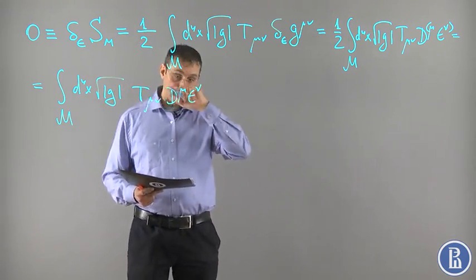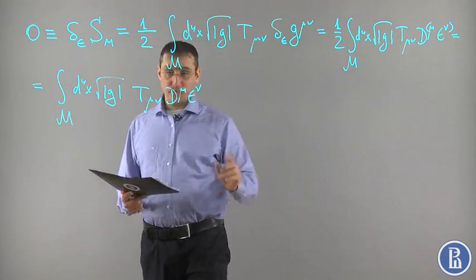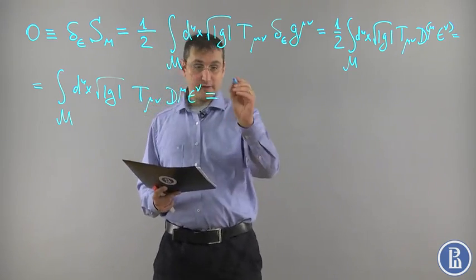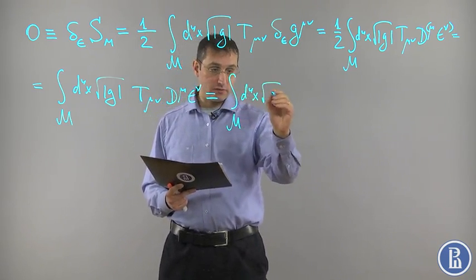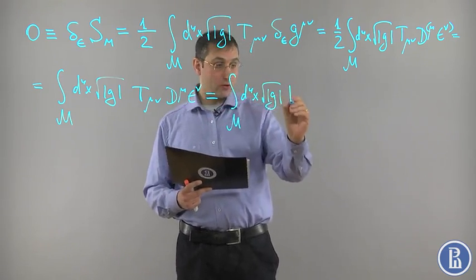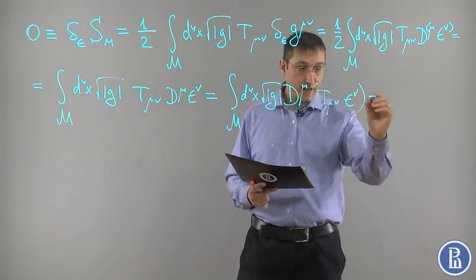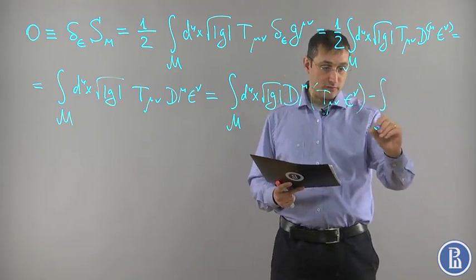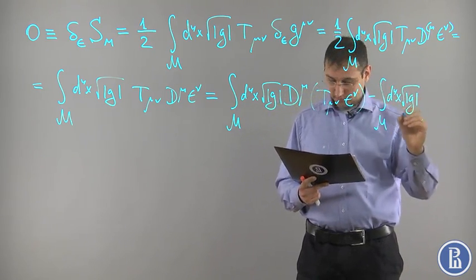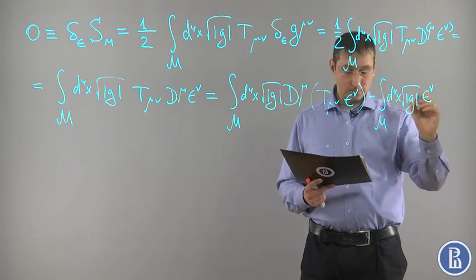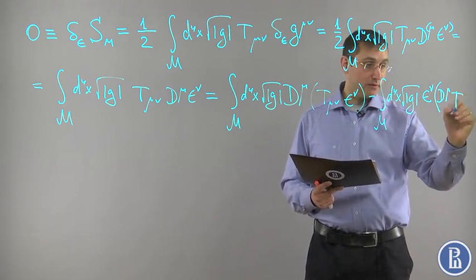Now we want to integrate by parts here. To do that, we represent this as a difference between two integrals: d4x square root of the modulus of g, of the total derivative of t mu nu times epsilon nu, minus the integral over the space-time manifold d4x square root of g epsilon nu times d mu t mu nu.